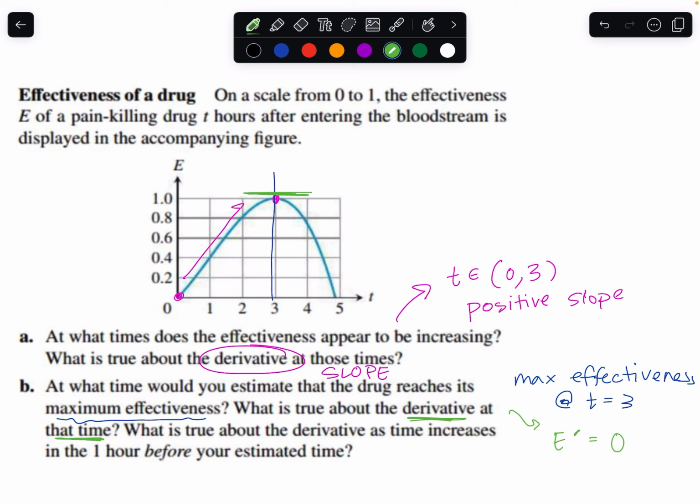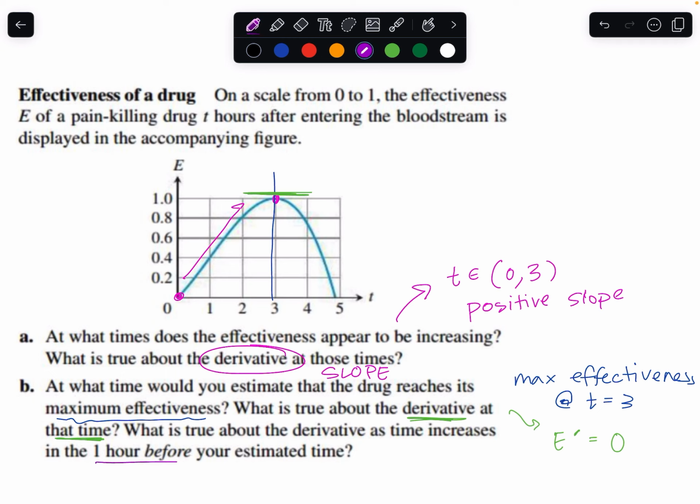We have one last piece here. What is true about the derivative as time increases, going this way on the x-axis, in just the 1 hour before that estimated time of t equals 3? Right in this window, as time increases from 2 to 3, what is happening to that derivative?